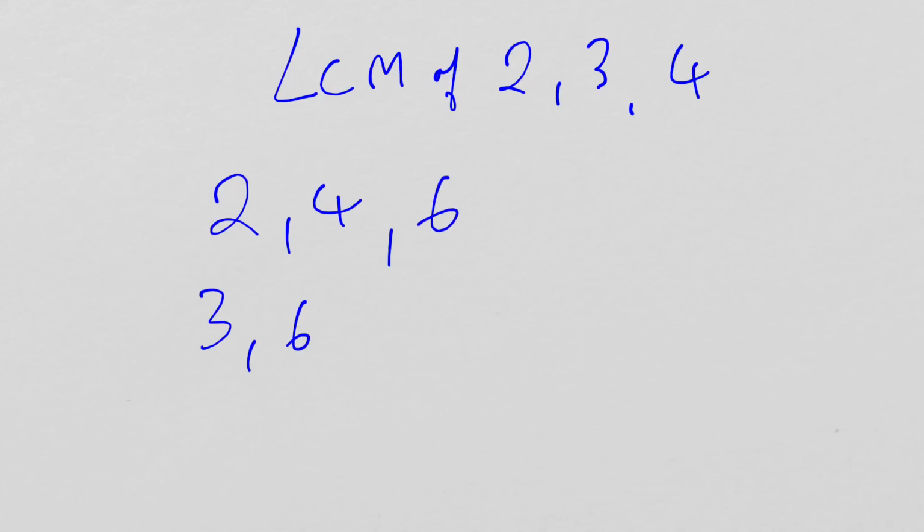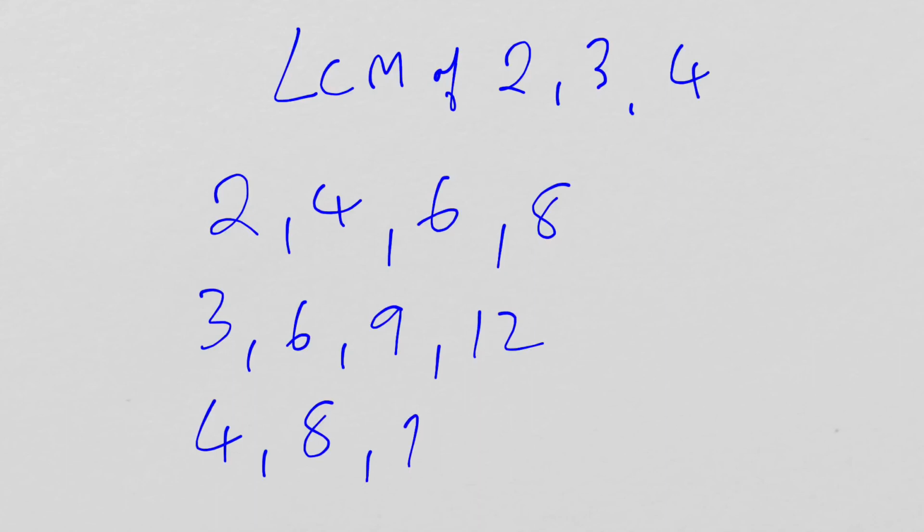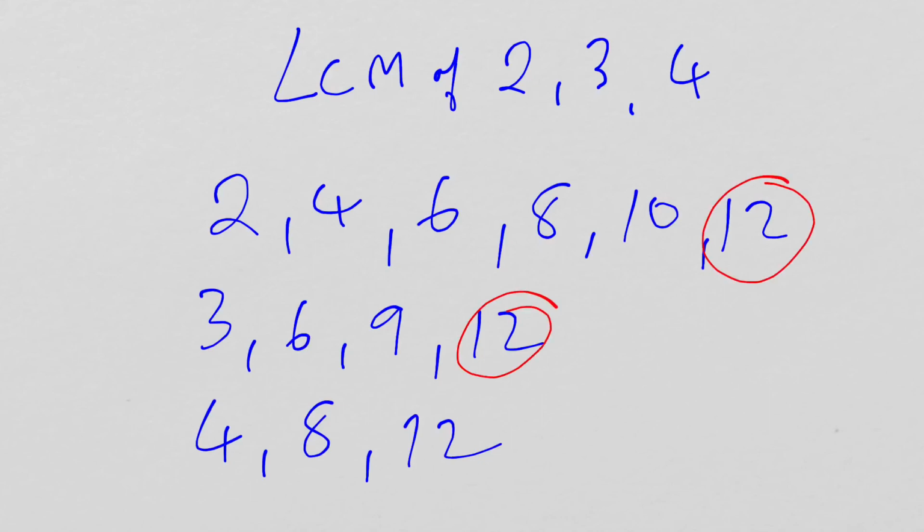We got 6, what about the 4? 4, 8, not quite, this one has an 8, but this one doesn't. 12, there's 12. So in this case, the least common multiple of those 3 is 12. They all have a 12. So you can do least common multiple for 3 of them.